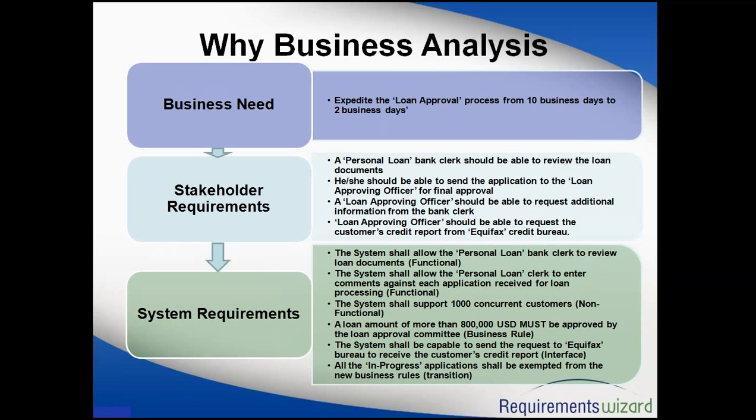Think about a policy. You might have heard, okay, that's not our policy, or as per our policy, we need to do this. In this case, we say that a loan amount of more than 800,000 US dollars must be approved by the loan approval committee. It doesn't matter whether you are using a system or somebody is walking into the bank and giving this application physically.